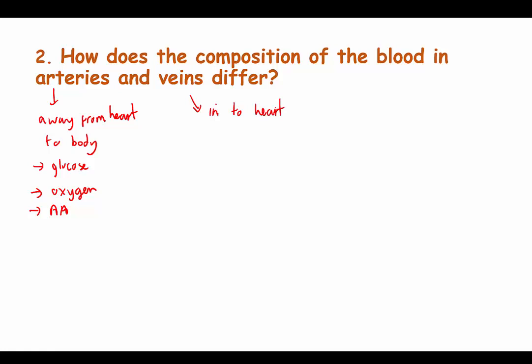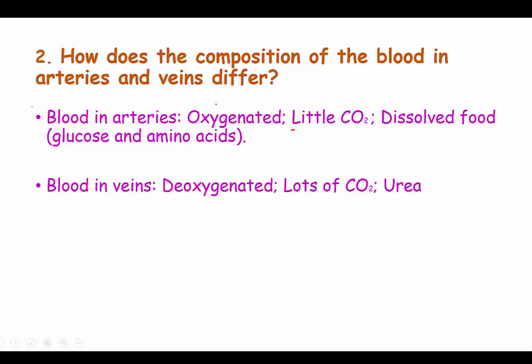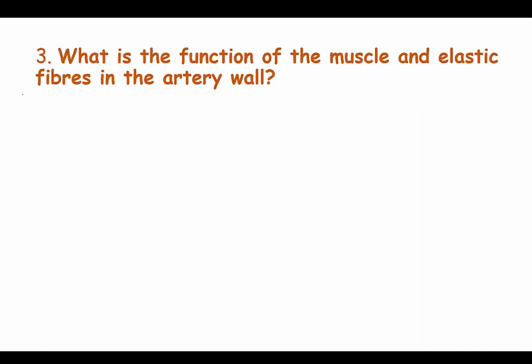When it goes back into the heart, it's going to go to the other organs, which get rid of the waste substances. So generally speaking, in the veins there are going to be waste substances, for example carbon dioxide, urea and water. Which is exactly what we're saying here. Blood in the arteries has oxygen, not much carbon dioxide, and has dissolved food such as glucose and amino acids, whereas blood in the veins is deoxygenated and has lots of carbon dioxide and urea.